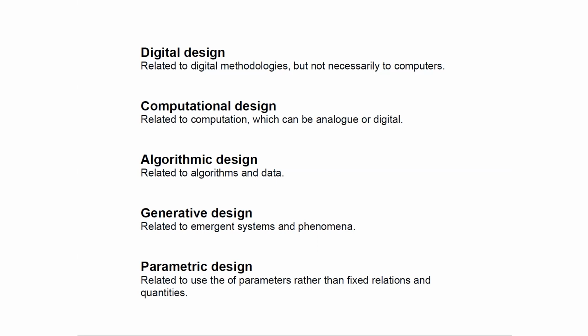Okay, and then there's generative design, and this is maybe the most controversial term because it's not really clear what generative means, especially when you're talking with designers. Maybe computer scientists or mathematicians have a better notion of what generation means. When I say generative design, for me this is always related to emergent systems and phenomena.